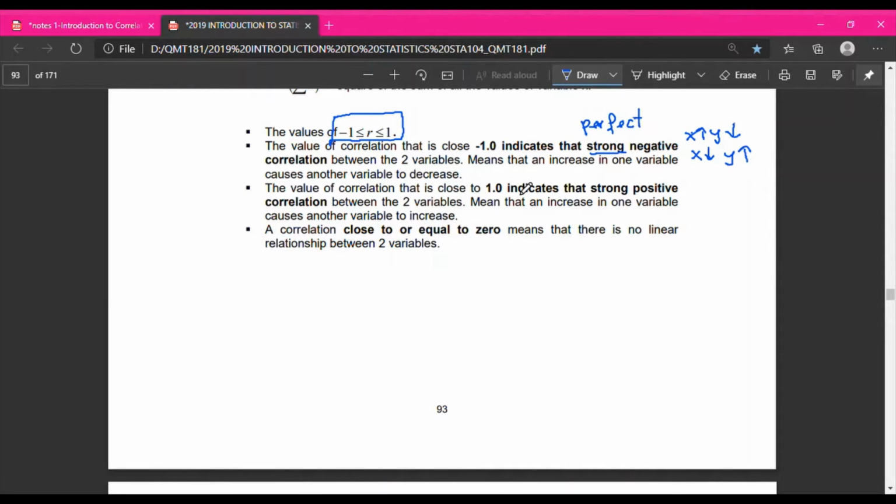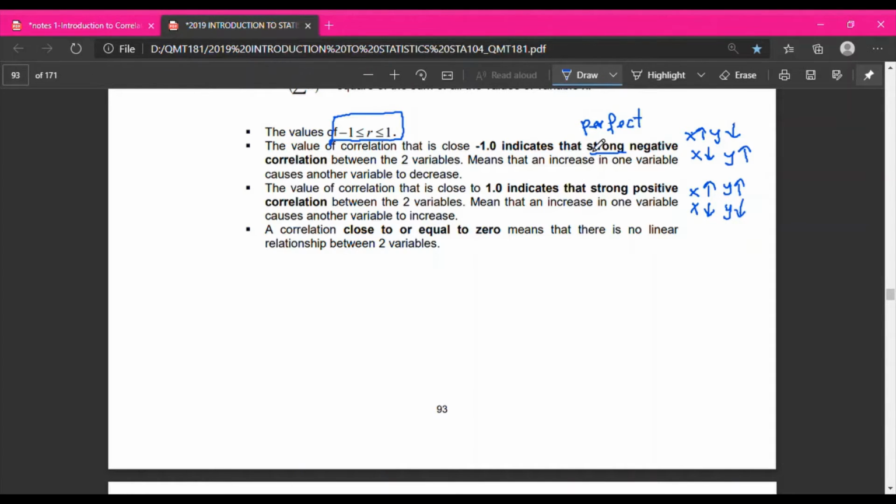The value of correlation that is close to positive 1 indicates a strong positive correlation. Positive sebab dia punya sign is positive, dan strong ataupun perfect ataupun very strong because the value is 1.0. Positive means that when one variable increases, the other variable will increase. Ataupun when one variable decreases, the other variable also decreases.